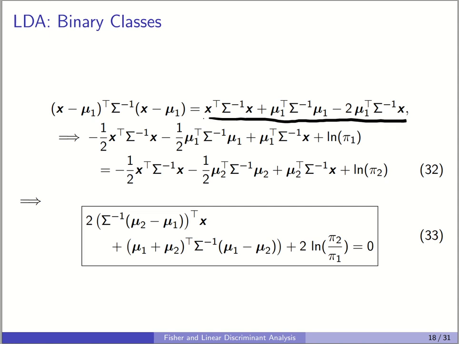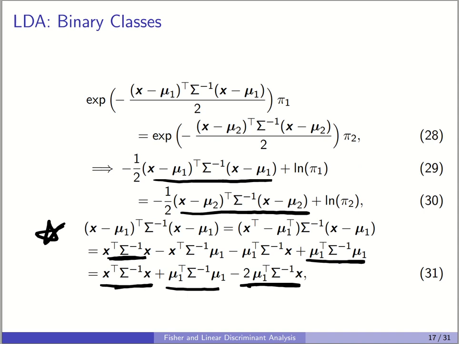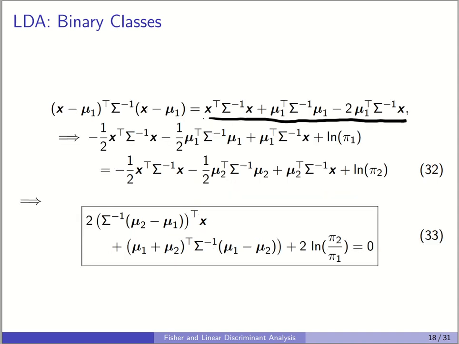Let's replace this in equation 29 and 30. If we replace that, we'll have equation 32, and if we bring everything to one side, factor out, and simplify, it gives equation 33. This is the equation for the boundary of LDA.